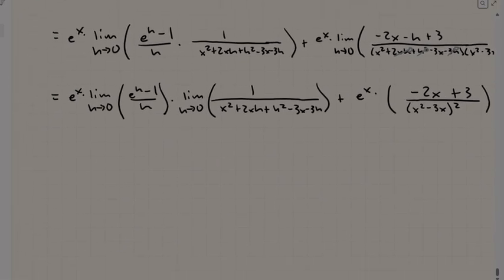All right, and so remember we did this limit, we solved it graphically earlier, it equals 1. So we've got e to the x times 1. Now we can also evaluate this one when h goes to 0. We've got x squared, that goes to 0. We just have x squared minus 3x.